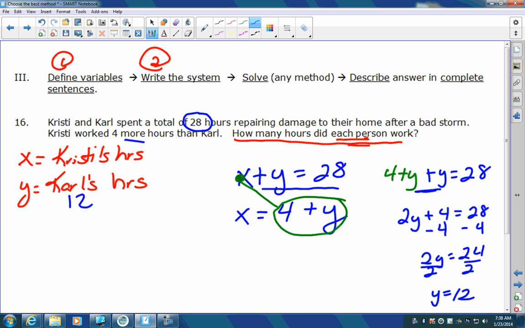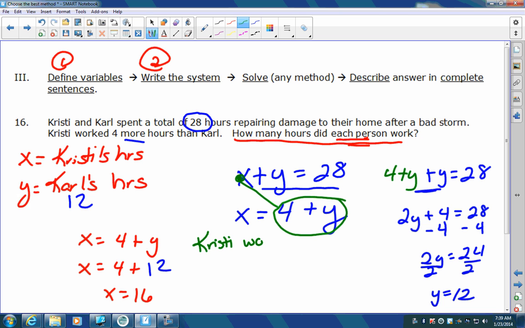I got to figure out how many Christy works. So I have x equals 4 plus y. X equals 4 plus y is 12. How much did Christy work? 16. So if they asked us to write out, well, I guess it says describe our answers in complete sentences.